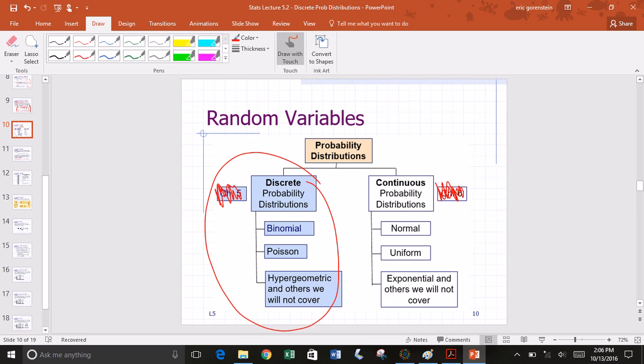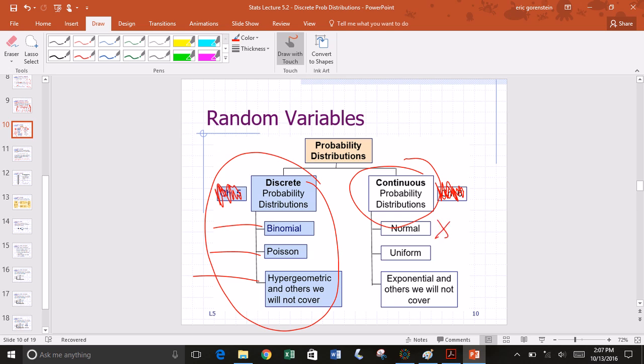So discrete probability distributions, this is a somewhat broad topic. There are specific types of discrete distributions. So for example, binomial is one, Poisson is one, hypergeometric, and others. There's more than just these. We'll talk about a few of these, but there are many types of discrete distributions. And in the context of continuous distributions, we'll talk about these later: normal, uniform, exponential, and so on.